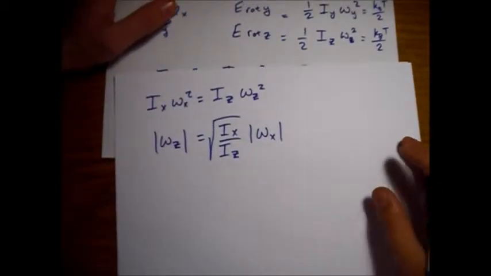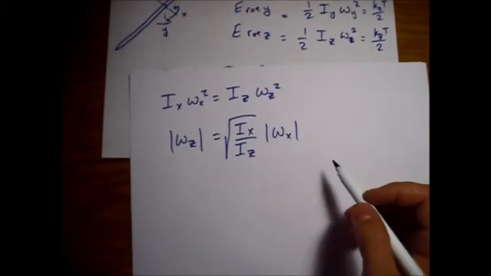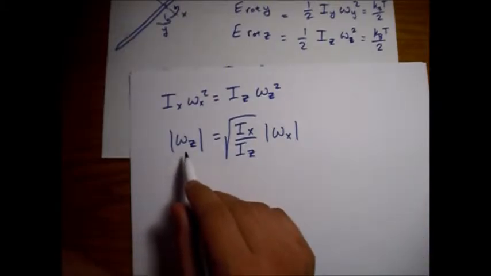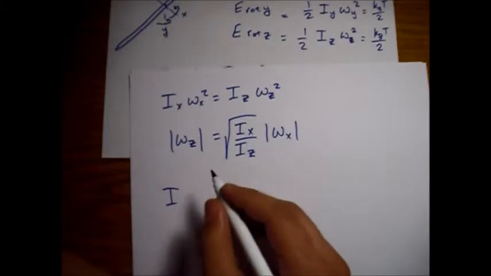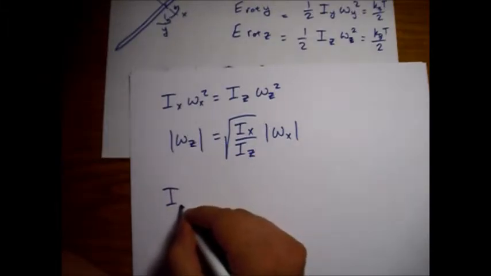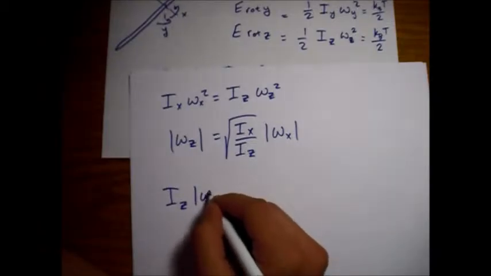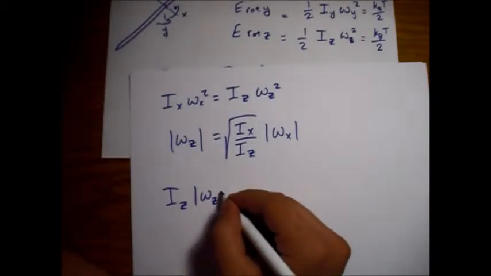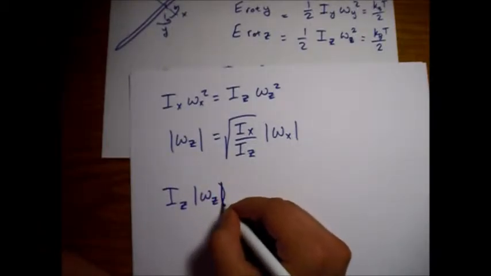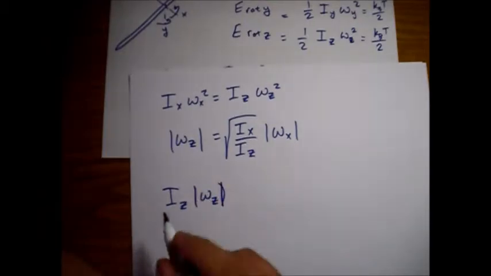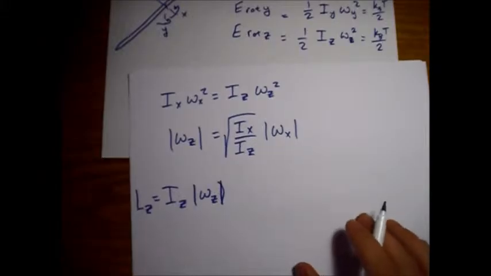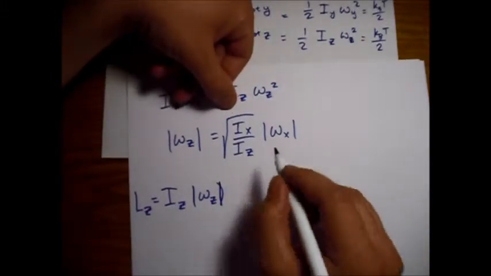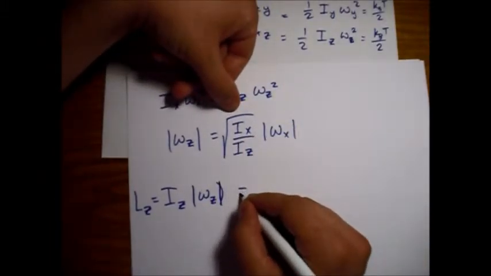Now we want to look at the angular momentum, right? So the angular momentum is I sub z omega z, in absolute value. I'll just call that L sub z.